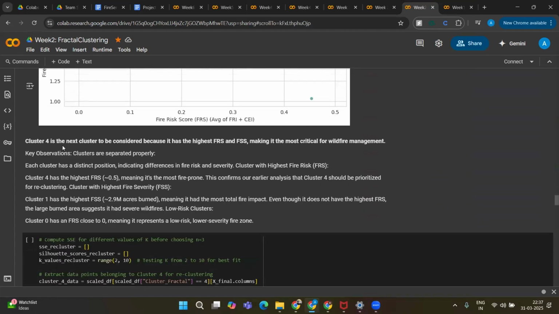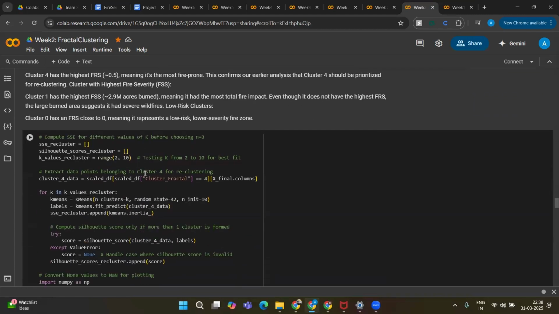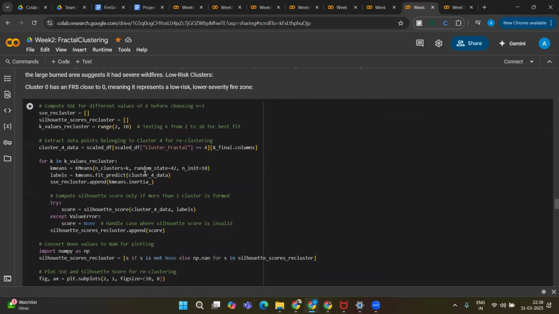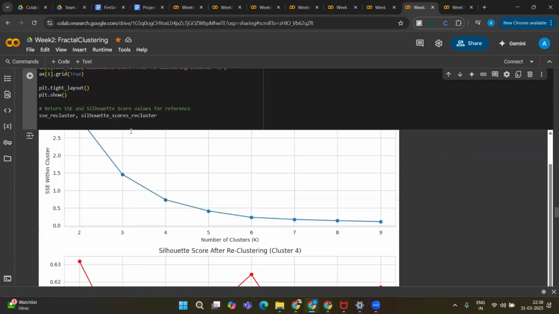So this is the write up for why we chose the fourth cluster. We took cluster equal to 4, and then we again did the k-means clustering on that. So this is the second iteration, I would say.